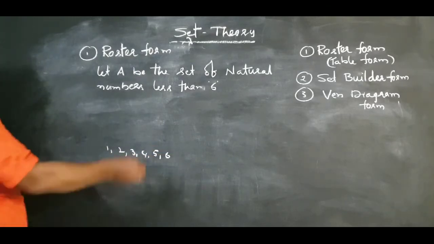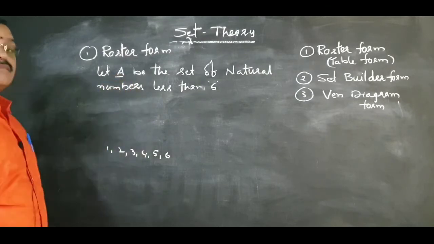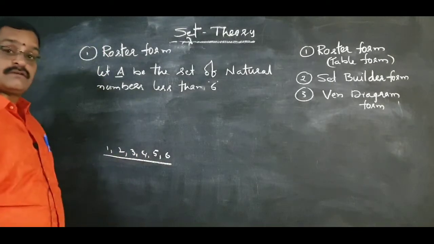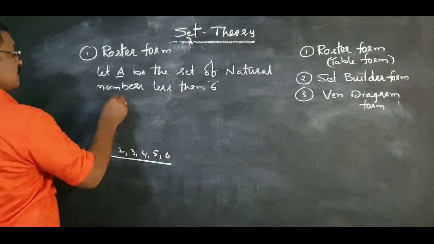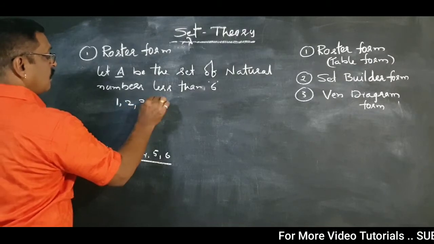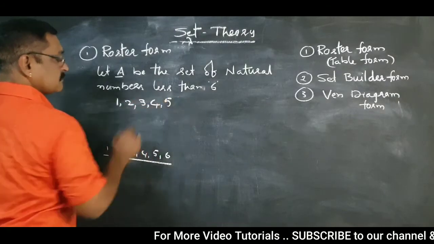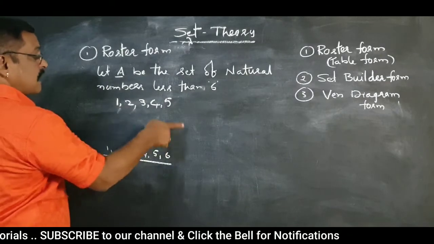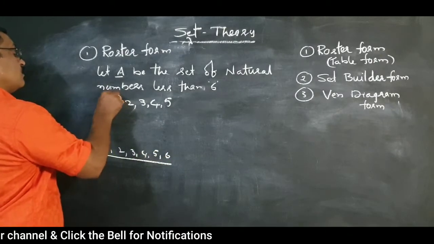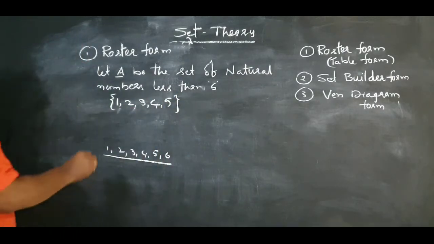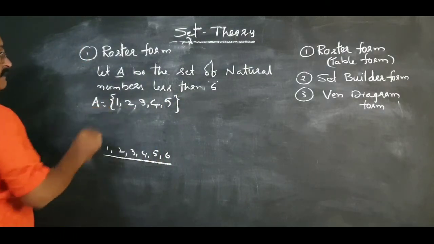Now for this set we give a name carefully, and we know the elements of the set. So first what we write? First we make a list of all the elements of the set: 1, 2, 3, 4, 5, and we separate with the commas, and we close with the curly brackets, and we give the name as A is equal to.